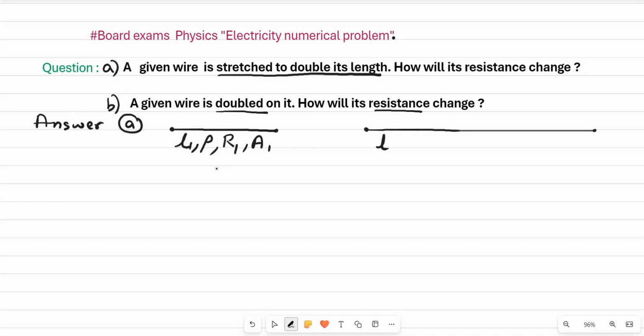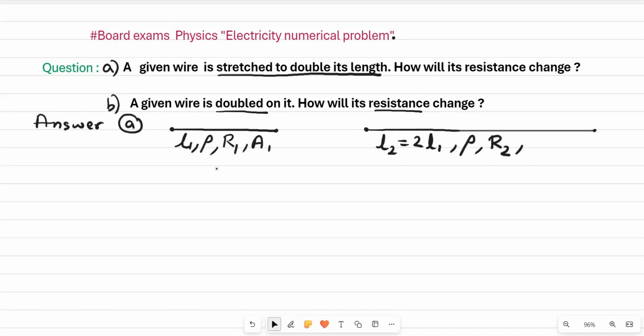So the new length is L2, which is double the initial length, that is twice L1. Material is the same, so resistivity is rho. If length or area changes, the resistance definitely changes. So the new resistance be R2, and this is what we are supposed to find.